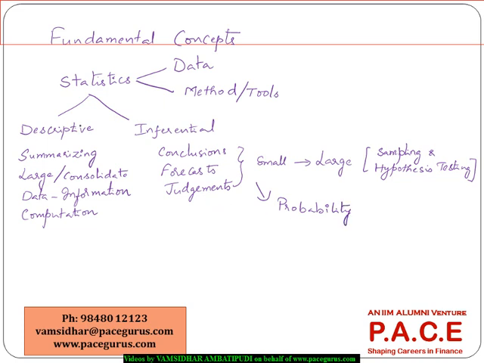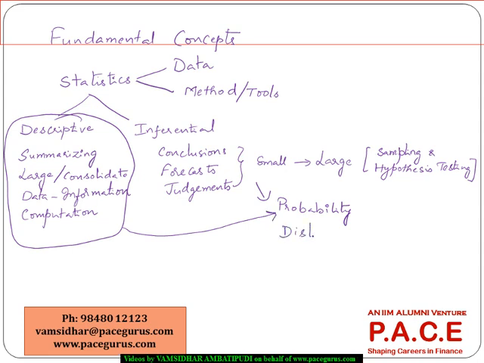So it all starts off with calculations and basic summarizations using descriptive statistics, and then we use the concept of probability theory and various probability distributions, which we would be covering in later sessions. Probability theory and probability distributions get into inferential statistics, where you take some samples and perform hypothesis testing on the data and try to reveal some conclusions about it. So this is the broad framework in which statistics operates.